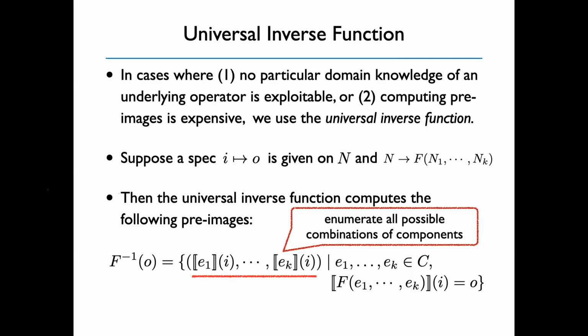Suppose an input-output example specification is given on a non-terminal n, which is associated with this production rule. Then the universal inverse function computes the following inverse set. It essentially enumerates all possible combinations of component expressions that can result in the given desired output.